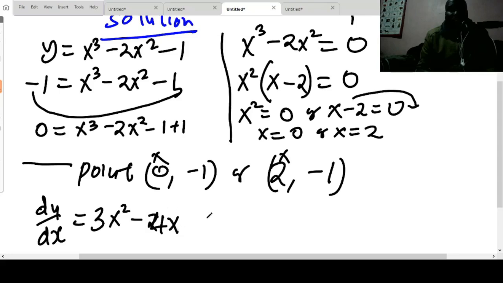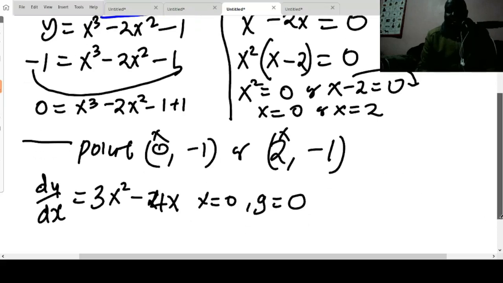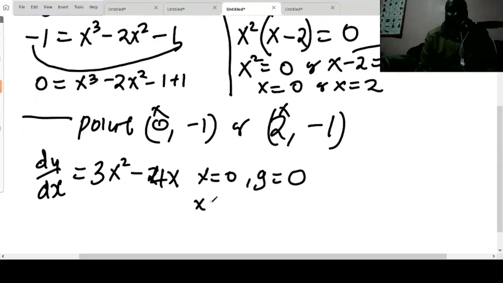So when x is equal to 0, you see that the gradient is going to be 0. Umeona? And then when x is going to be 2, the gradient inaenda equal to, substitute hapa itakuwa 3, 2 square minus 4 times 2. So gradient itakuwa 12 minus 8, itakuwa 4. The gradient will be 4.